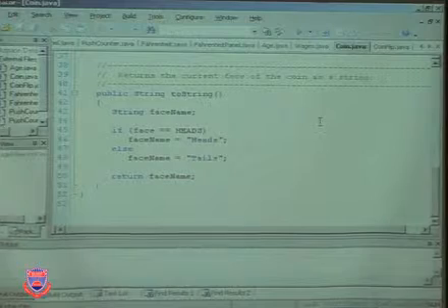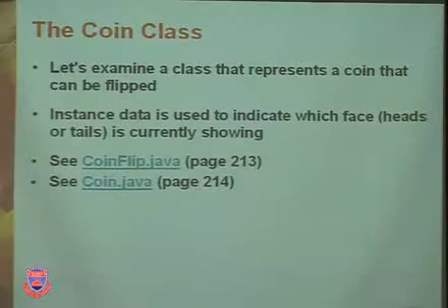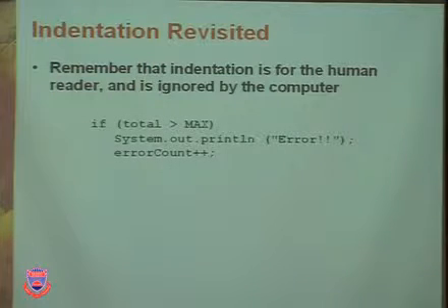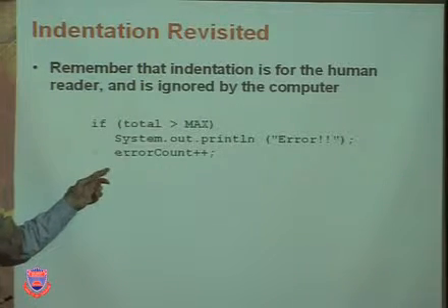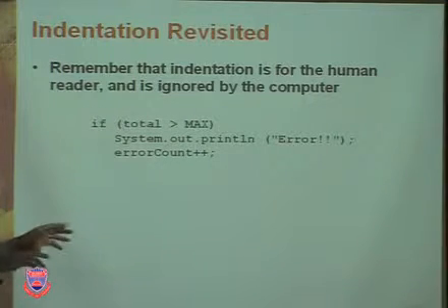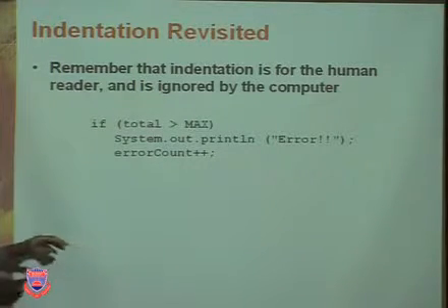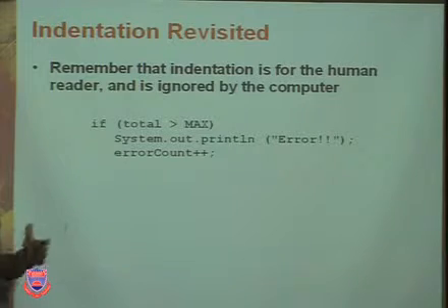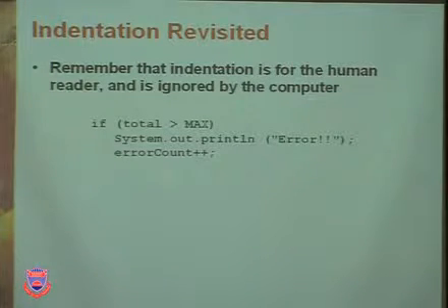Any question? So indentation is important, but it's only important for the human being, for the person who is writing or reading or trying to understand what's going on. It doesn't mean anything to the compiler. The compiler doesn't care if you put one more tab or less. What the compiler cares about is the rules that the language employs.